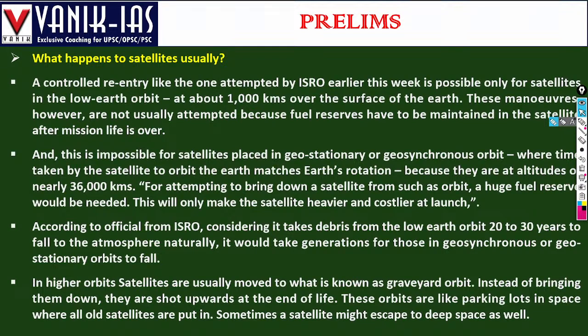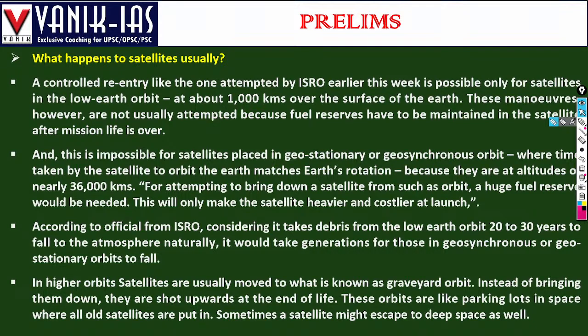And this is impossible for satellites placed in geostationary or geosynchronous orbit, where the time taken by the satellite to orbit the Earth matches Earth's rotation, because they are at an altitude of nearly 36,000 kilometers. For attempting to bring down a satellite from such an orbit, a huge fuel reserve would be needed.